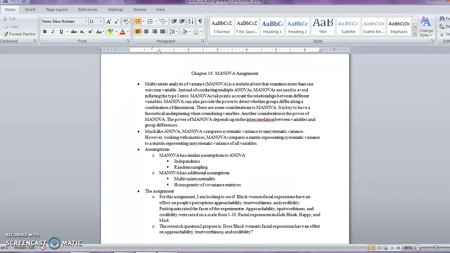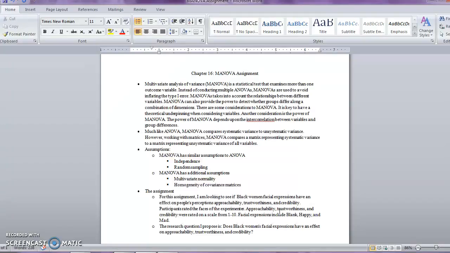If you don't, I highly encourage you to look it up, because if you're going to do a MANOVA by hand, and I know I haven't done that here, obviously, you kind of want to understand matrices. But in essence, MANOVA compares the matrix that represents systematic variance to a matrix representing unsystematic variance of all variables.